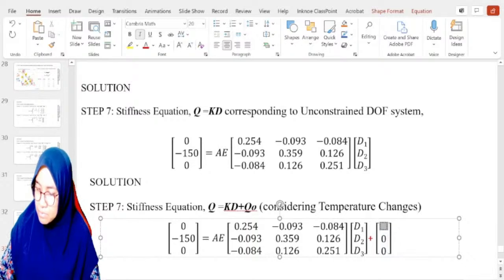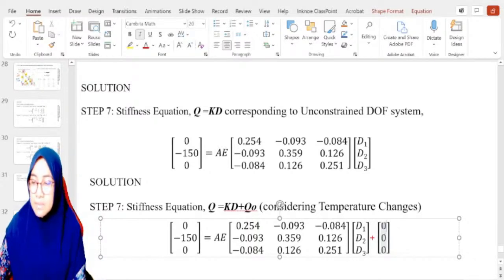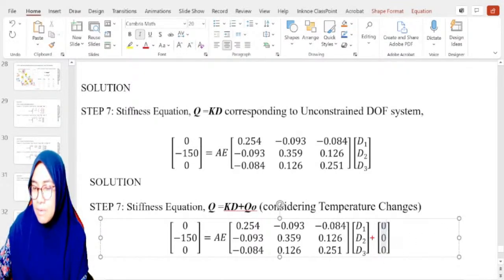We have to consider this because in the upper part there's no Q naught, so we have to consider Q naught for this.